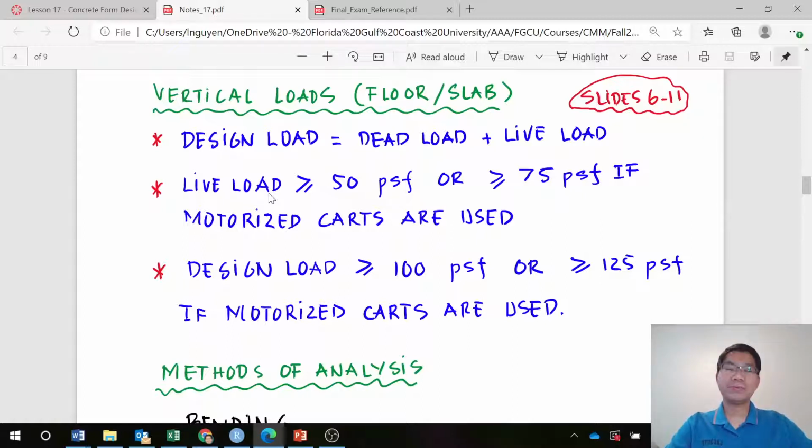And the design load, including the dead load and live load, is at least 100 pounds per square foot if no motorized cart, and 125 pounds per square foot if motorized carts are used. And like I say, these vertical loads apply for the floor and slab. So don't be confused with the concrete pressure that applies when we design for the columns and the walls.